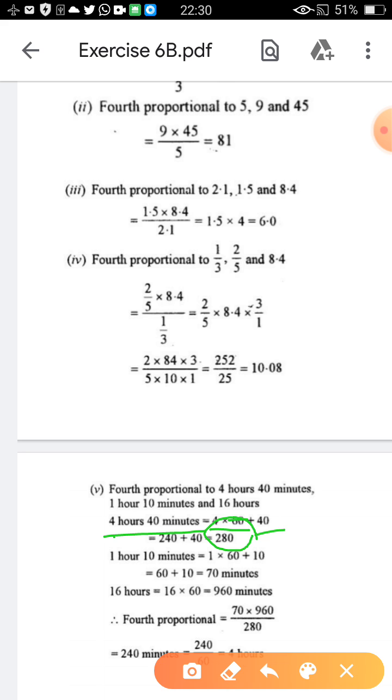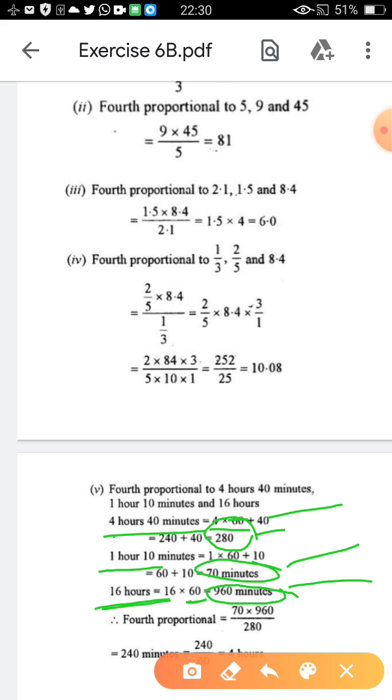Then 1 hour 10 minutes, 1 hour means 60 minutes plus 10 minutes, so it will be 70 minutes. Then 16 hours, 16 multiplied by 60, so 960 minutes. So we got these three quantities.